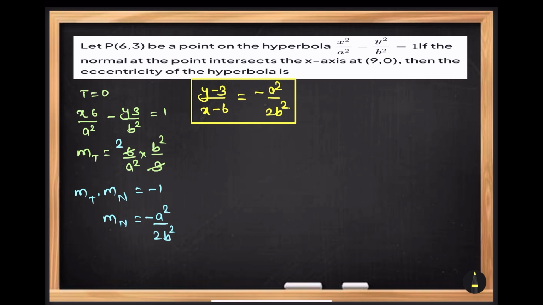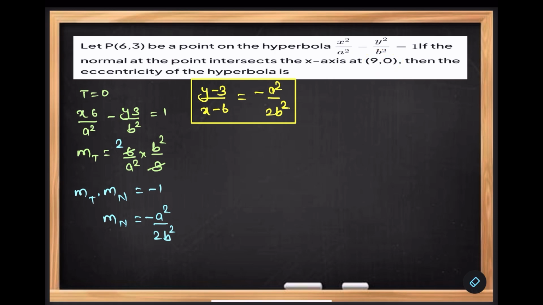Now try to understand this part. Look at this, they are saying that the normal is passing through this point on the x-axis. Okay, so this point will also satisfy the equation of normal.